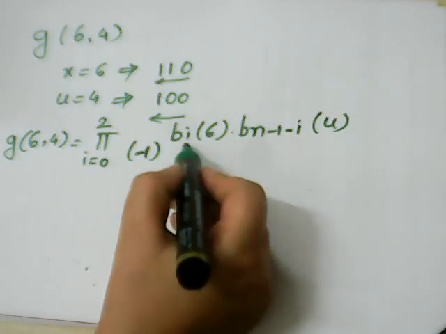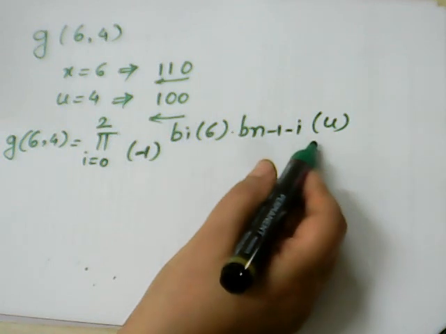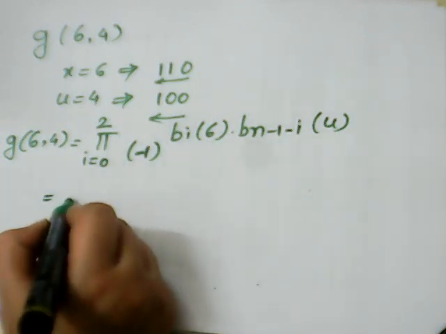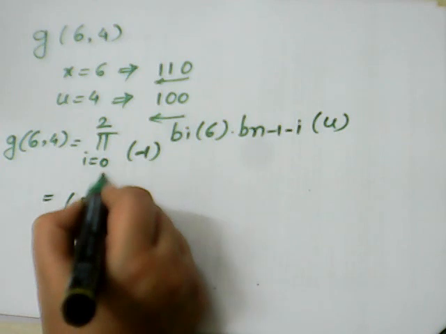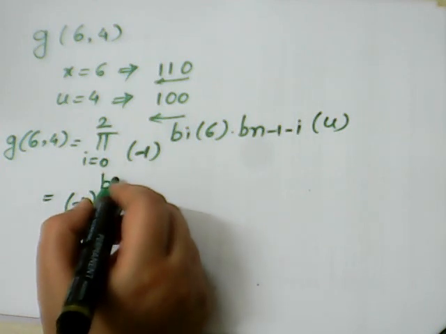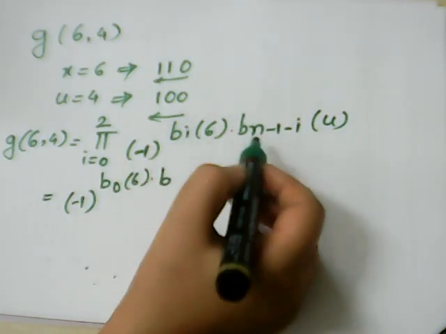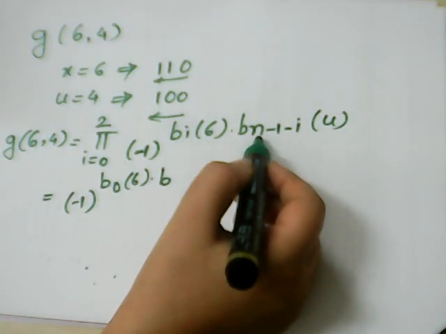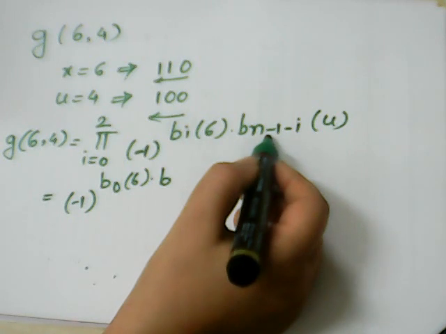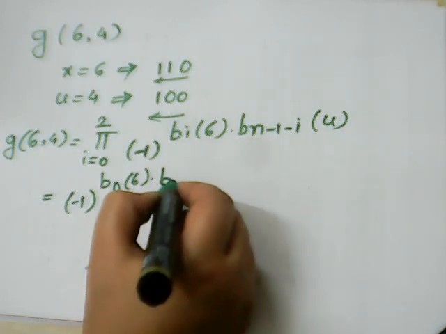See here what is happening: ith and n minus 1 minus i. So when we write here minus 1 to the power b0 of 6 into b n minus 1 minus i of 4: n is 3, 3 minus 1, 2, 2 minus 0, 2.